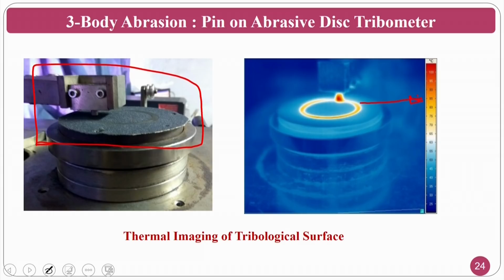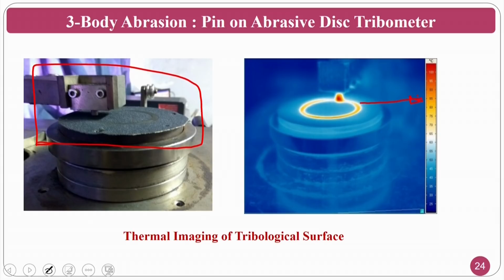Since the experimental conditions are very low, for demonstration purposes, to show you the temperature effect and all those things, we have done simple sample experiments as a part of our research experiments also. You can see the temperature of the track and the temperature of the pin.